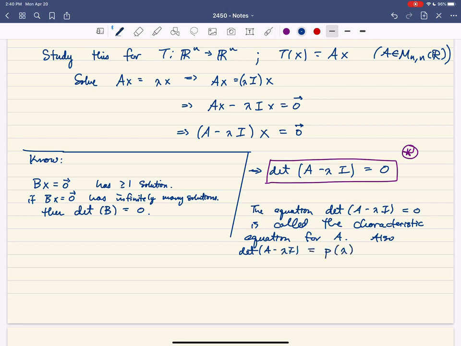Usually we write it as P of lambda. This is called the characteristic polynomial of A.